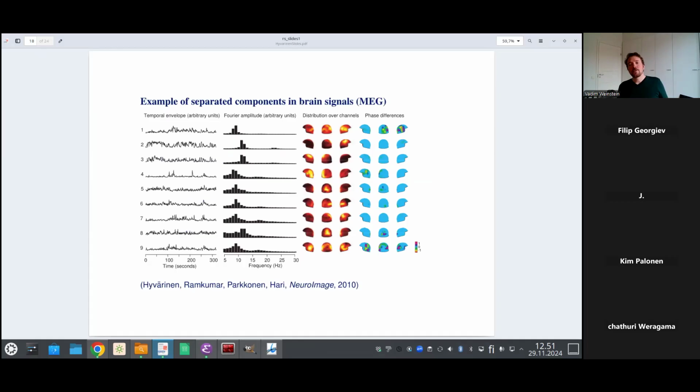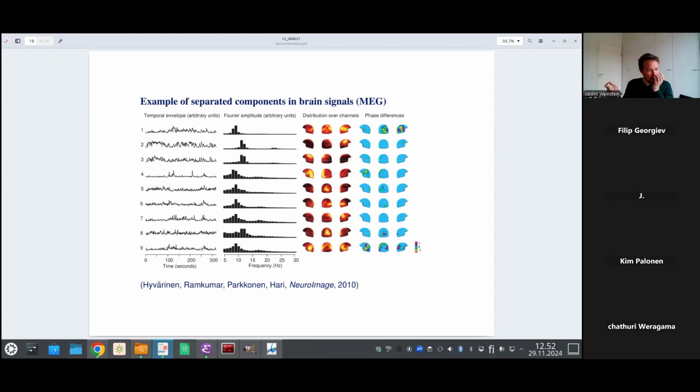Some examples of applications, not only in sound, also in, let's say, neuroscience. A very common thing with EEG or MEG, so either electroencephalography or magnetoencephalography, you usually measure very mixed signals, right? So you're putting these measurement units on your head, and each unit records, just like the microphone, a mix of stuff that's coming out of the brain.